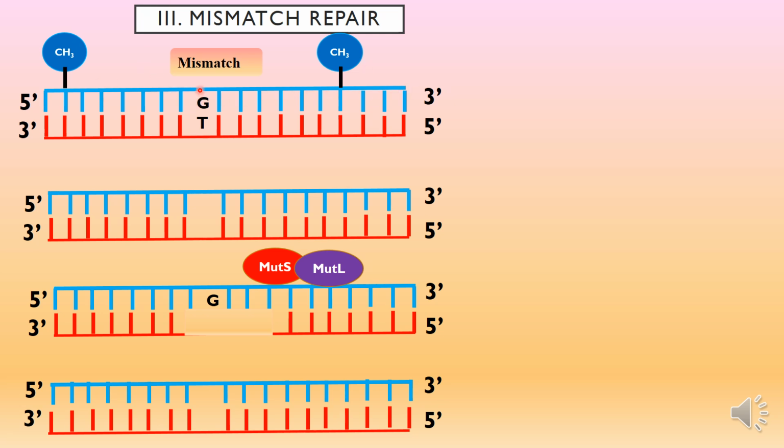And now you can see that guanine is pairing with thymine, which is a mismatching of base pairs. And this mismatch has to be first identified. First the methylated strand is identified, and this methylated part has GATC, complementary to which is CTAG.